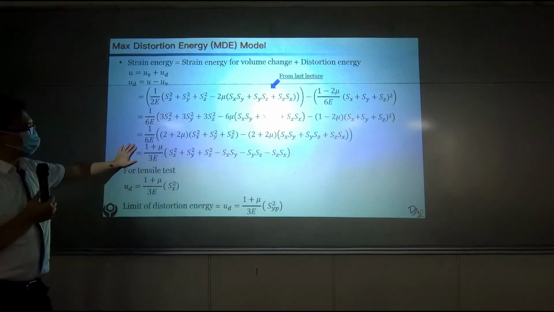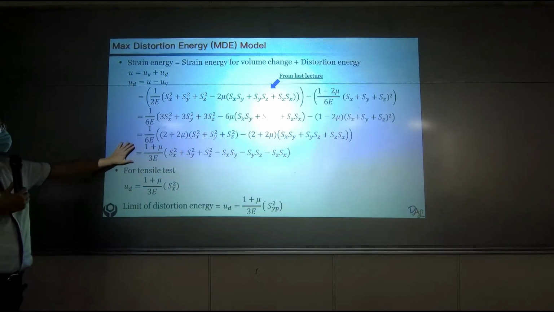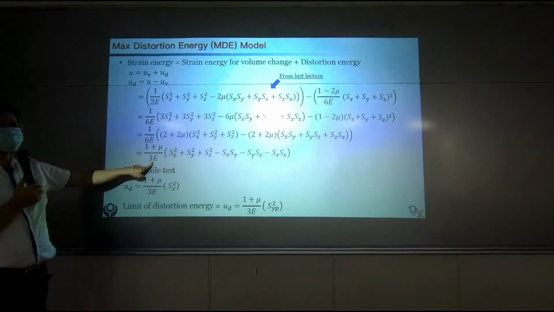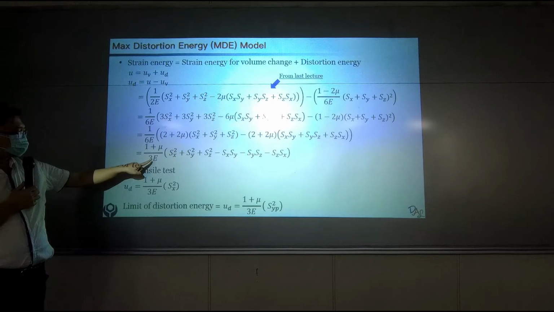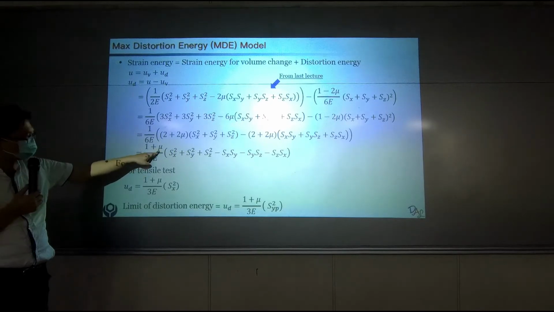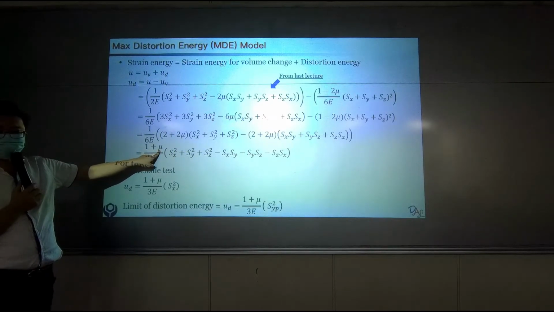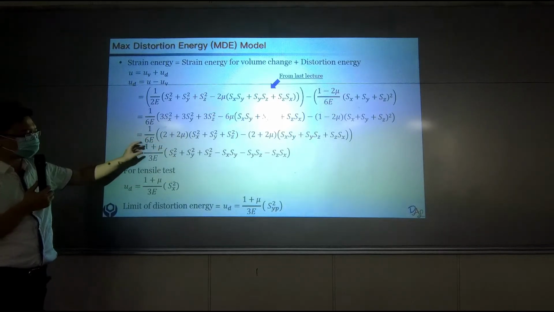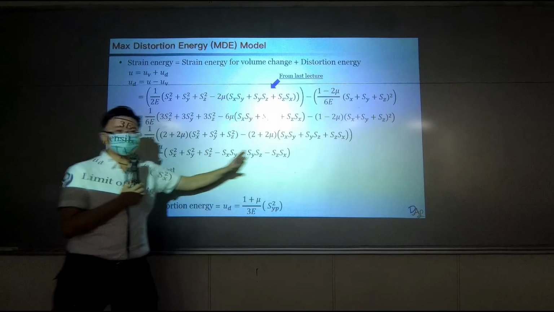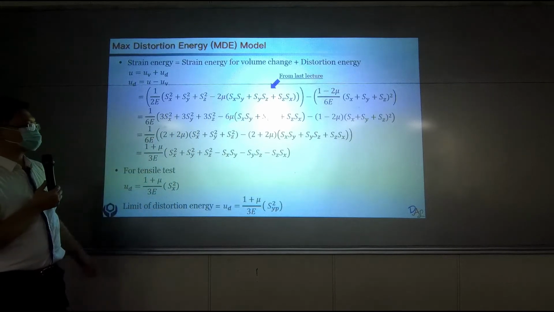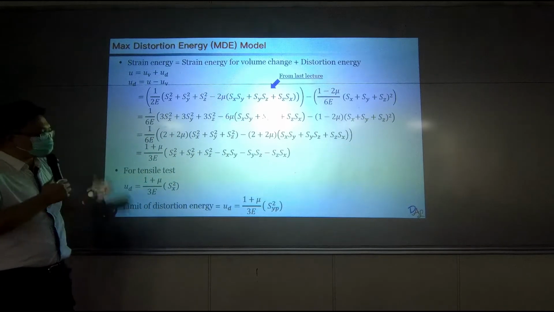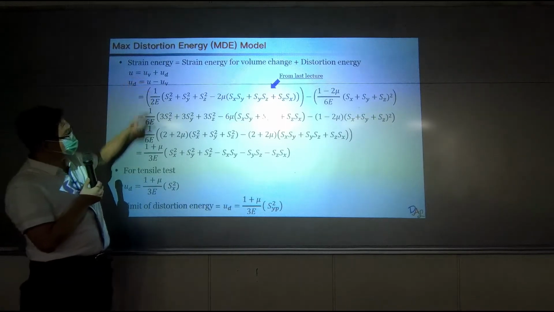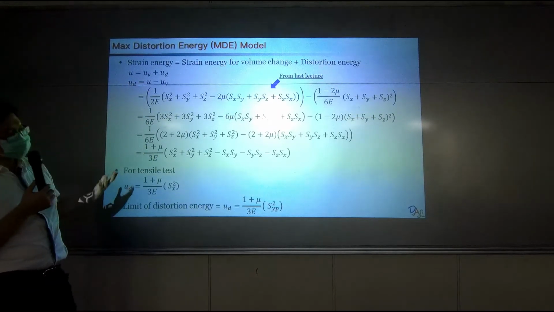And we can now observe what's going on right here. In this equation, we also have Young's modulus, we also have Poisson's ratio, but this time Poisson's ratio is outside of the bracket. It's a little different from the other two equations. That's fine.